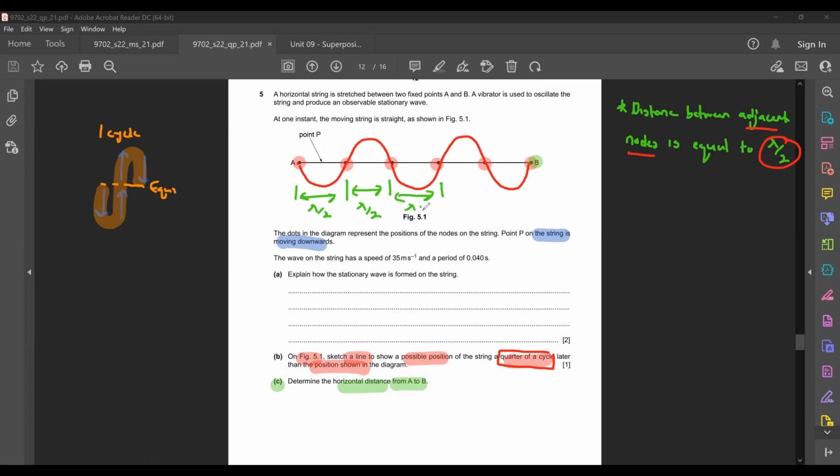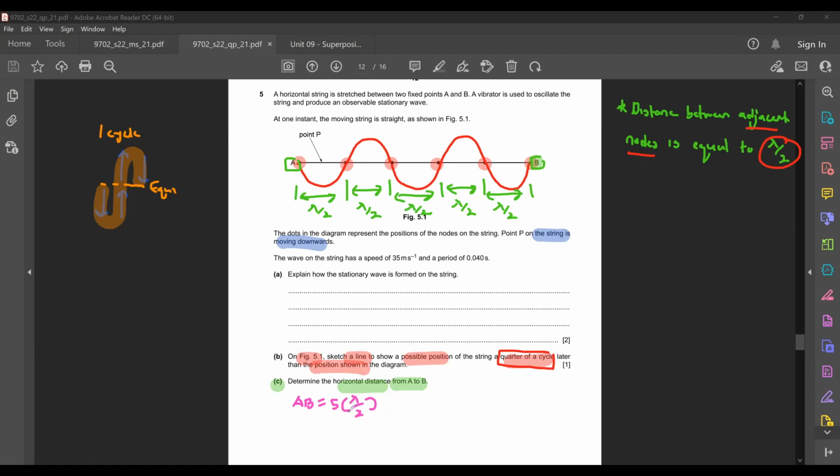This one is half lambda, and half lambda. So from A to B, you count how many half lambdas you have. You actually have 5 half lambdas. So over here, we will say that AB is equal to 5 half lambdas.